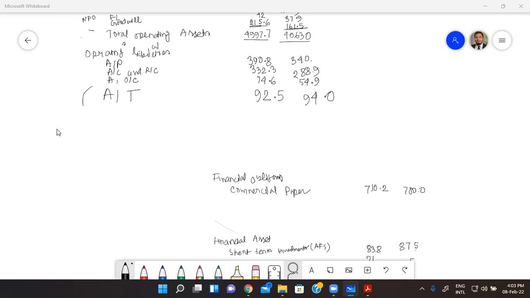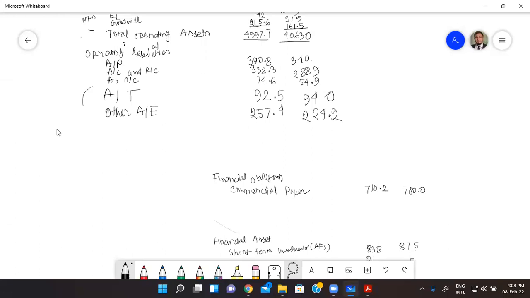Then other accrued expenses. So obviously it is operating part. So how can we write the other accrued expenses? 257.4 for 2007. And for 2006, we can write 224.154, 224.2.